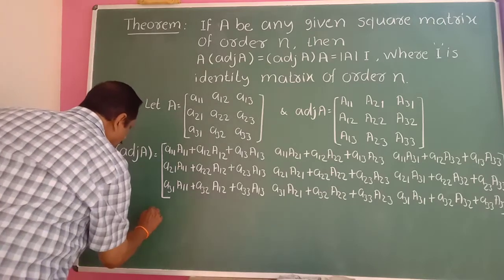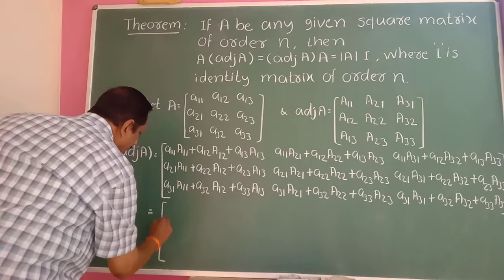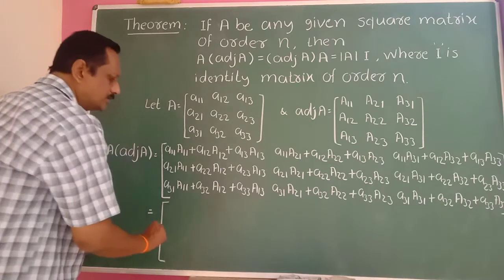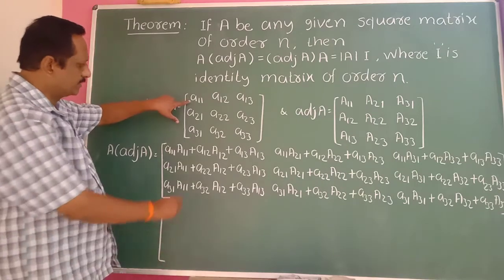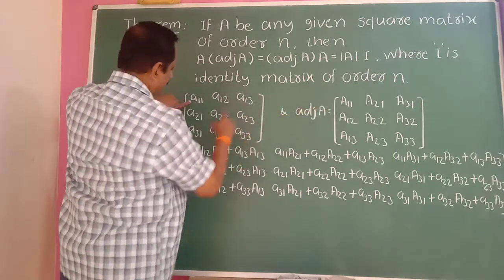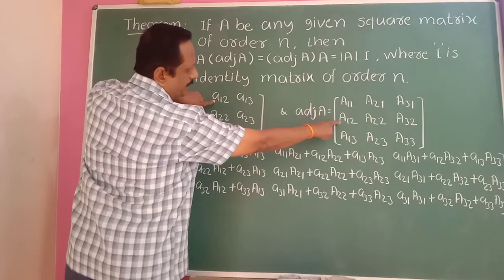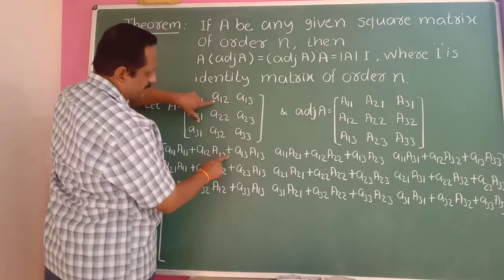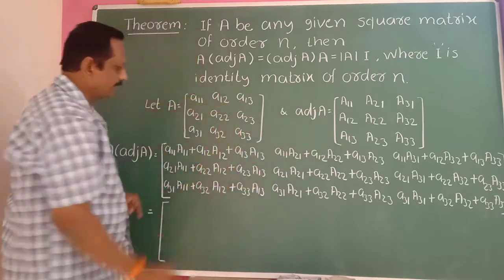Then this is equal to, note here: A11 with its cofactor capital A11, plus A12 with its cofactor A12, plus A13 with its cofactor A13.